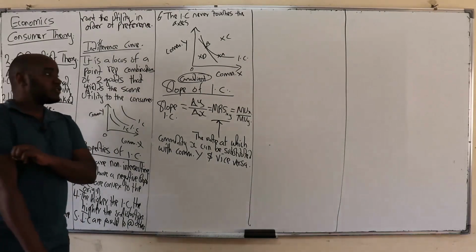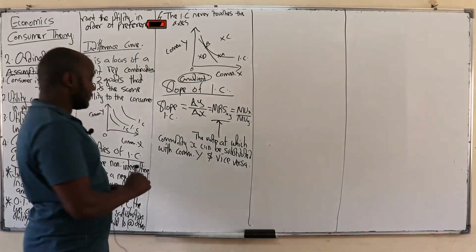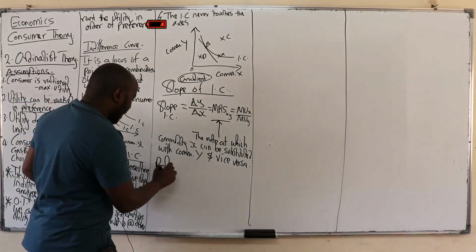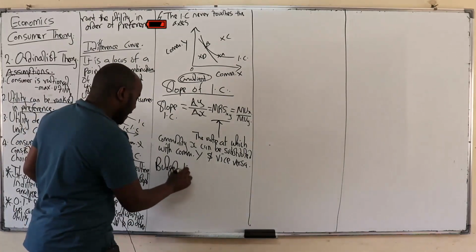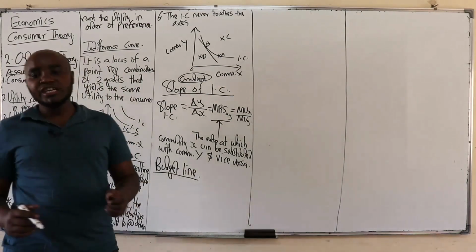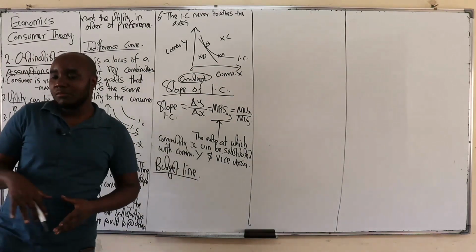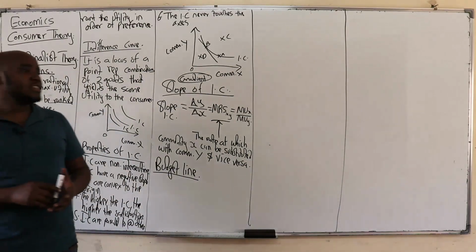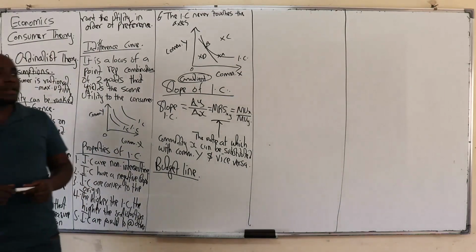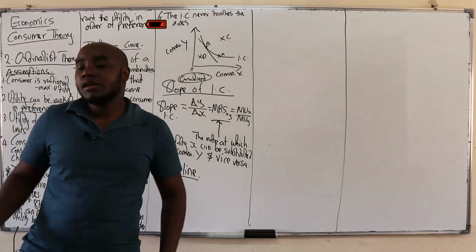The next thing that you should know is something called the budget line. In layman's language, just perceive it as your income, or your budget.